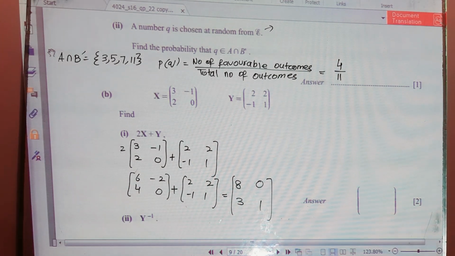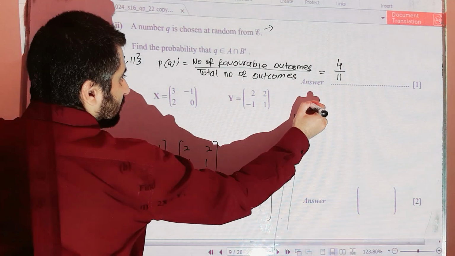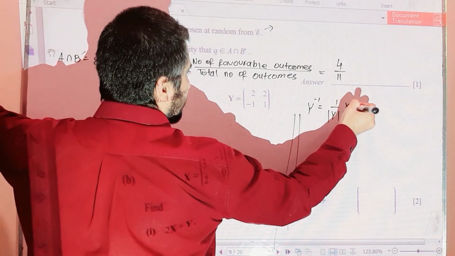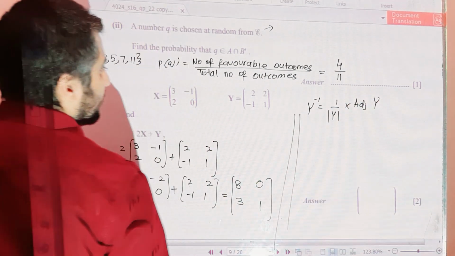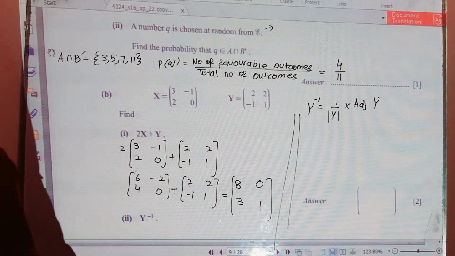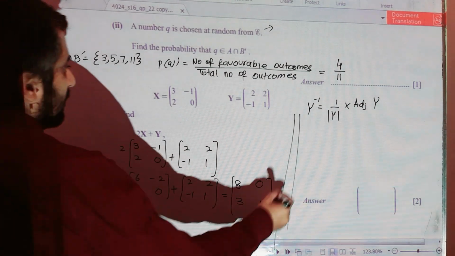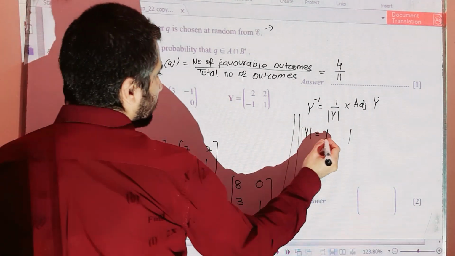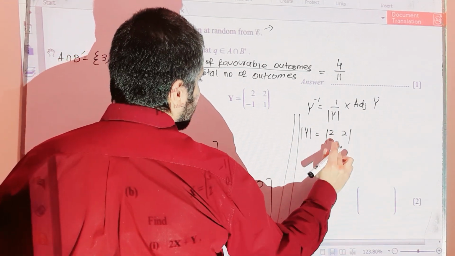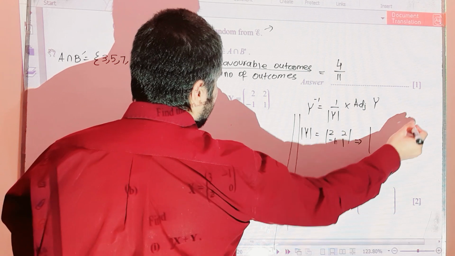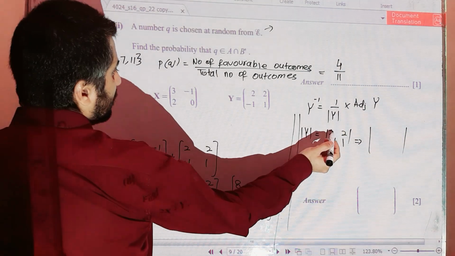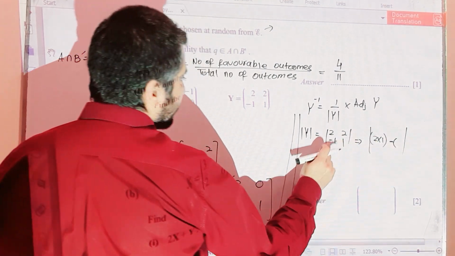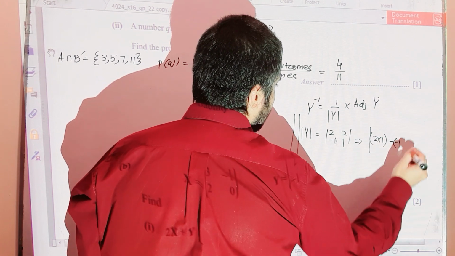Third is Y inverse. So I am going to solve it over here. Now Y inverse is 1 over Y determinant into adjoint of Y. Okay, now what is the Y determinant? The Y determinant is basically the determinant of this, that is 2, 2, minus 1, 1, where you will multiply the entries of the principal diagonal, 2 into 1, minus minus 1 into 2.